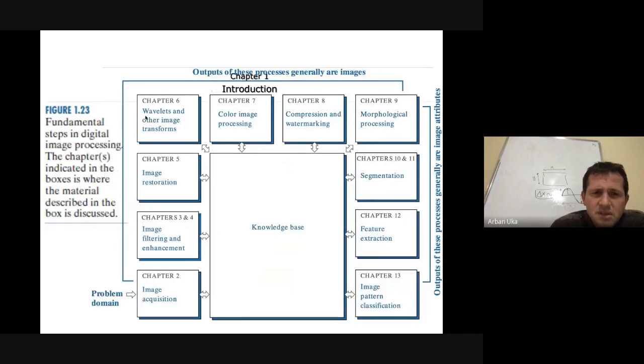Overall, what we can say is that in this course, in chapter 2, we are going to talk about image acquisition in a little more detail. Especially this chapter, I love it personally, because it's really good to have a good knowledge of both the hardware and the different imaging modalities, how they operate.